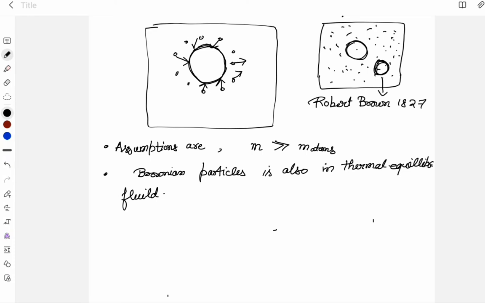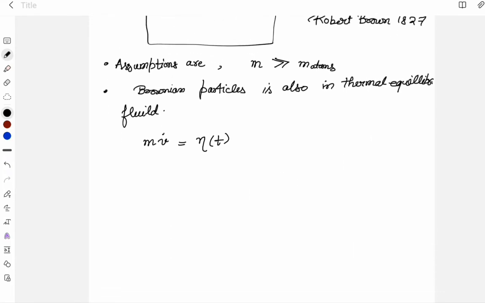Okay. Now let us write the equation of motion. So if m is the mass of the particle, then m v dot will be, and the motion is due to the random force of the small particles. So let's say this is some random force eta t. Now we don't know exactly what is the form of eta t, because it is a purely stochastic process.